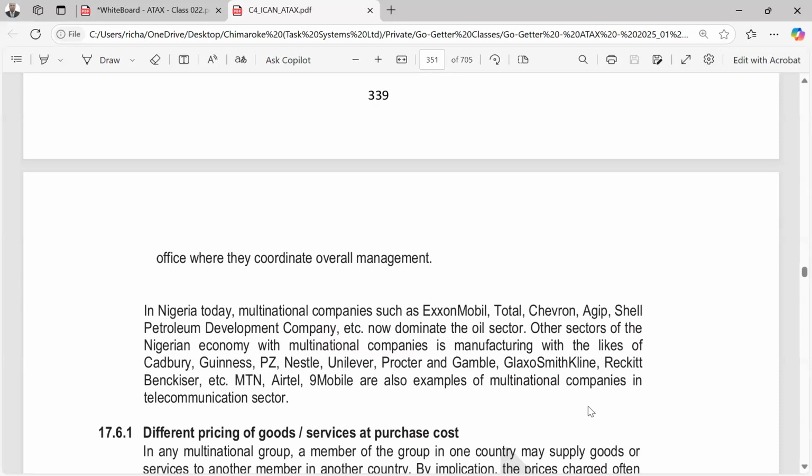Companies like ExxonMobil, Total, Chevron, Agip, Shell now dominate the oil sector as multinationals. Then we have other companies like Cadbury, Guinness, PZ, Nestle. Some of them have left. Some of them are still here. MTN, Nine Mobile, Airtel are multinationals in the telecommunications sector.